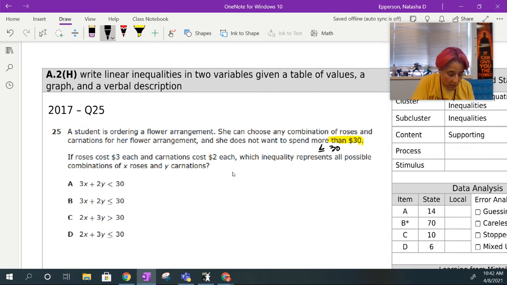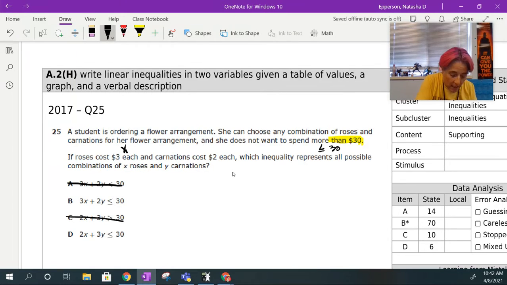So again, we're going less than or equal to $30. So I can eliminate some of my answer choices again. Oh, look, I can eliminate A and C. Now, do not rely on that. It just happened to be that the answers we're eliminating are A and C on this one. All right, now, if roses cost $3 each and carnations cost $2 each, which inequality represents the combination of roses and carnations?